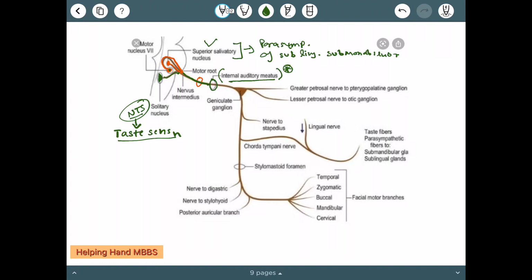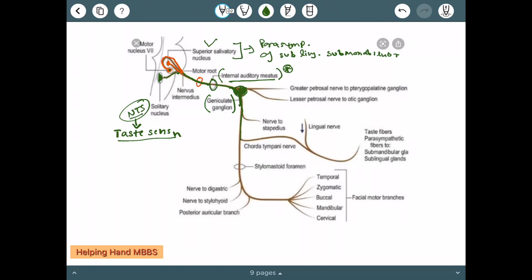After it enters, it takes a turn and forms one ganglion called geniculate ganglion. So after entering the internal acoustic meatus, while passing it takes a turn and forms a geniculate ganglion. By taking the turn, it comes to the posterior wall of middle ear. There is middle ear and it has a posterior wall. It enters the posterior wall of middle ear. Don't worry, we will see it on diagrams.